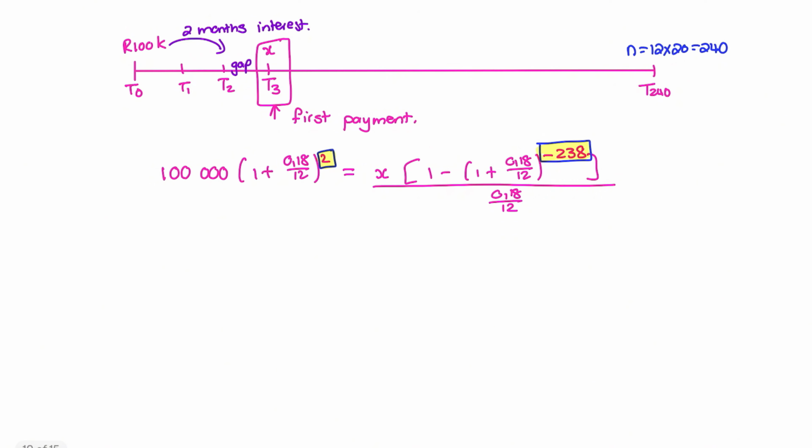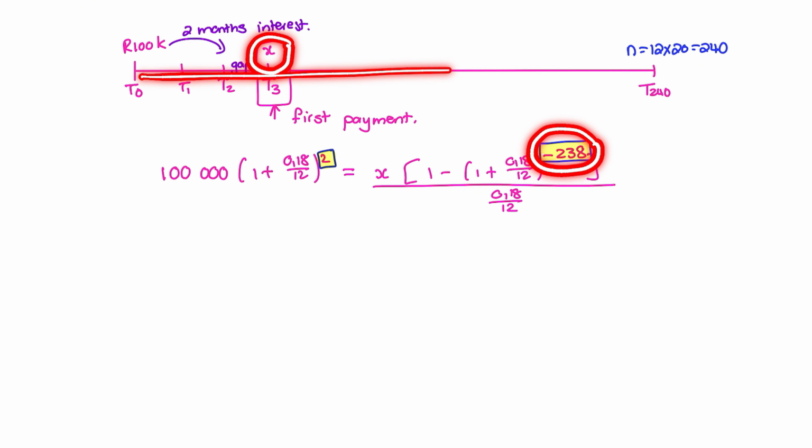On the right-hand side, we want to solve for x or calculate the monthly repayment. And then the substitution for the interest rate is the same as always. We have 18% compounded monthly. And what I want you to notice is it is minus n, but our n value is not 240. We are not going to receive 240 payments over this 20 years.